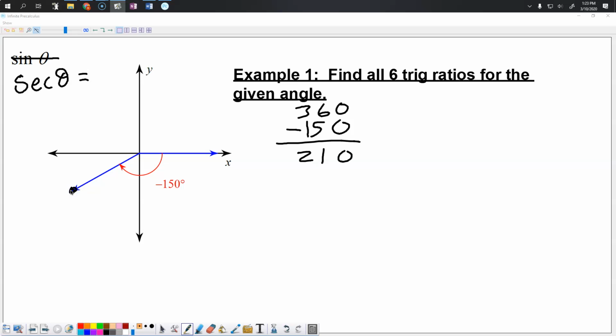So on our unit circle, since I've taken the time to memorize my unit circle, I know that this is negative radical 3 over 2 and negative 1/2. Now the problem's asking me to find secant. Now what is secant? It's the reciprocal of cosine.